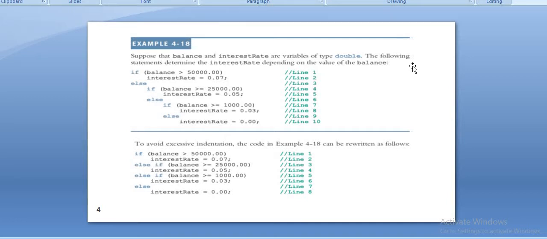So if anybody does not know any formula of interest rate or any kind of formula, it is not our concern. The formula will be given to you. In this example, there is no formula, but just some values have been fixed.